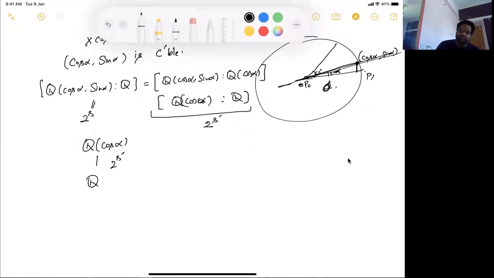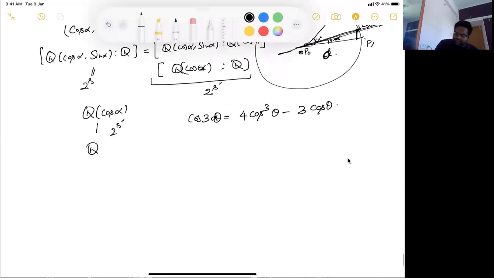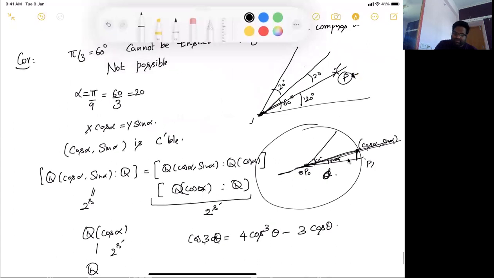Now I show that it is impossible. So we recall the definition of cos 3α. Cos 3θ is equal to 4 cos cube θ minus 3 cos θ. In particular, if I take θ equal to α here, I will have cos 3α, which is cos π/3, I'm sorry, π/3.